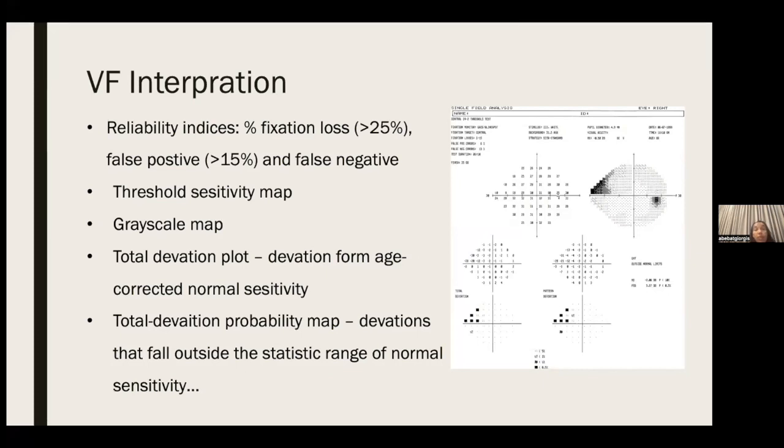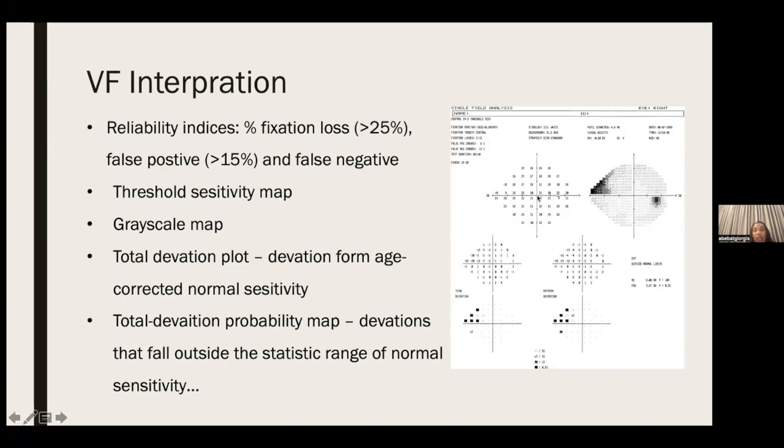So coming to print out visual field interpretation, after just checking the identification of the patient, we look at the reliability indices, which include percentage of fixation loss, false positive, and false negative. These are the reliability indices.